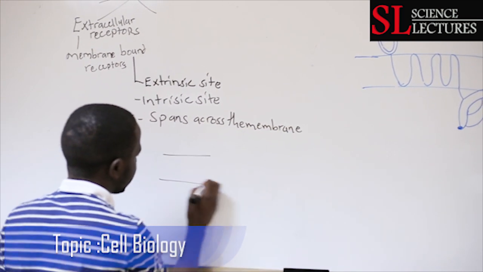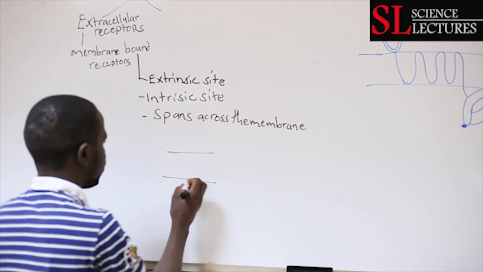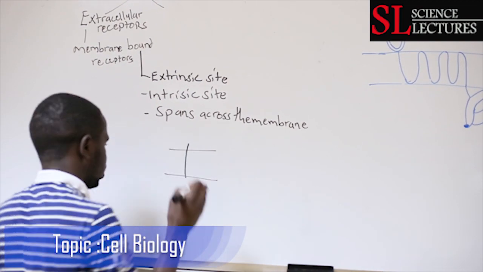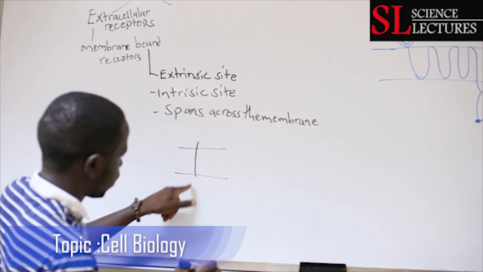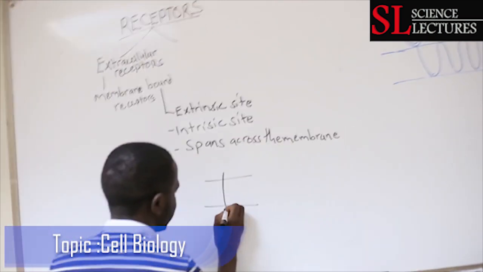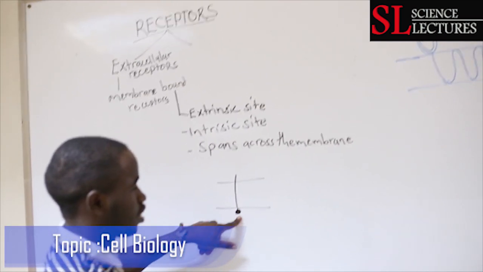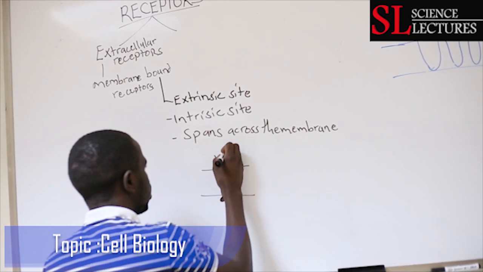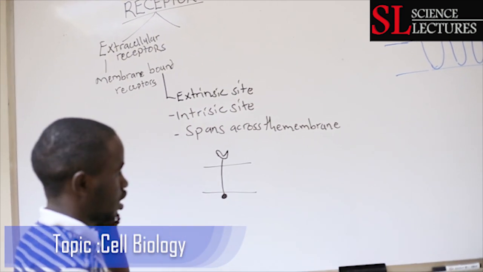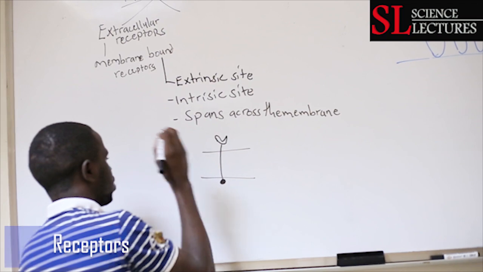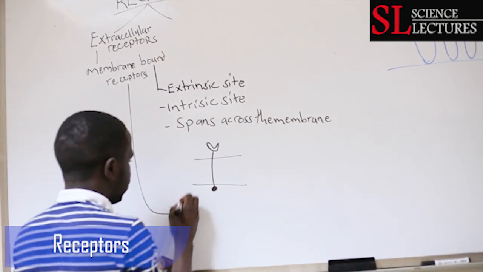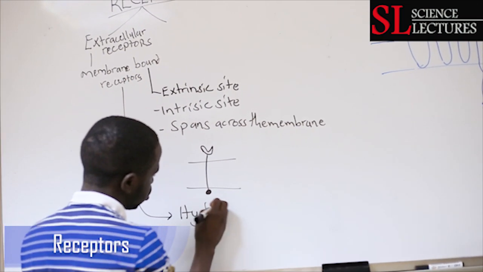So if this is our cell membrane, they shall have a site that spans across the membrane. They shall have a site that is found within the cell membrane, and they shall have a receptor that is found outside the membrane. Membrane-bound receptors majorly bind hydrophilic molecules.